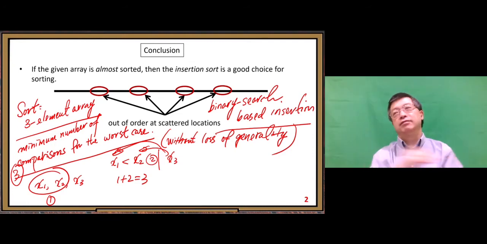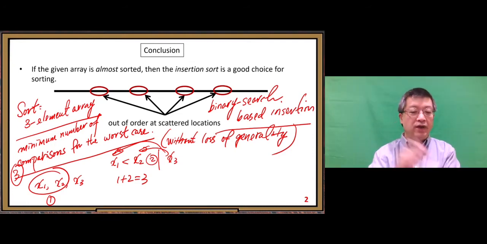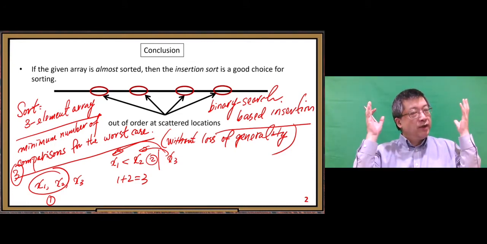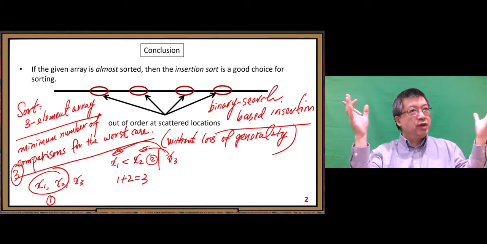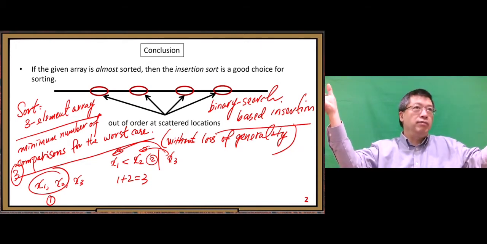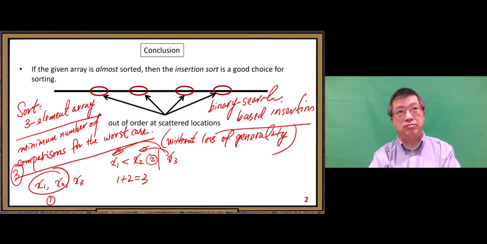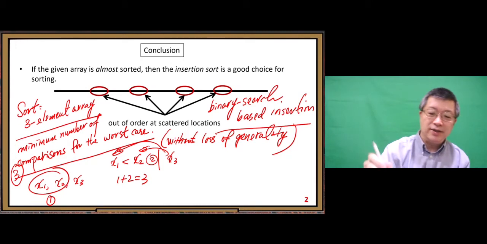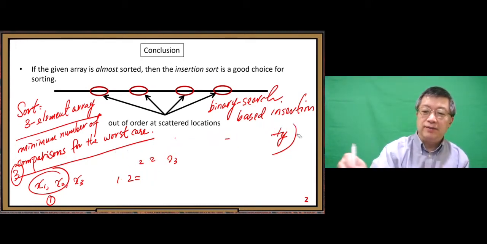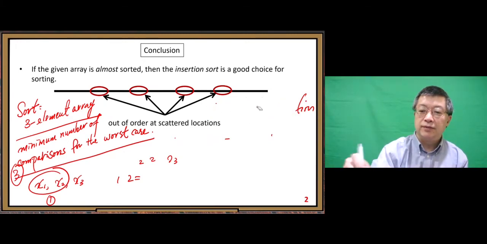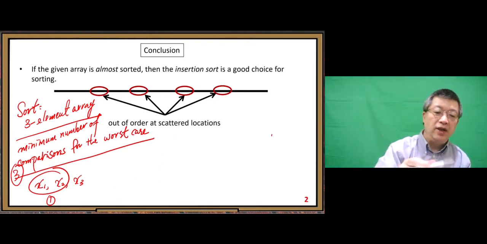If you can use 3 comparisons to sort a 3-element array for the worst case, we can claim we can solve any case with 3 comparisons. So that's the first question. All right. Second question. I increase the number from 3 to 4. How about that?